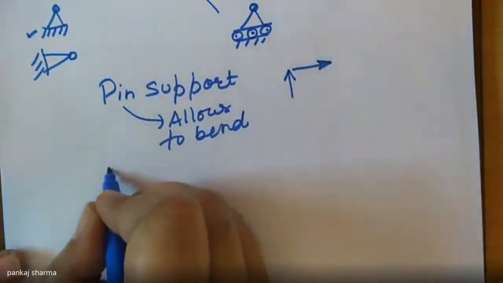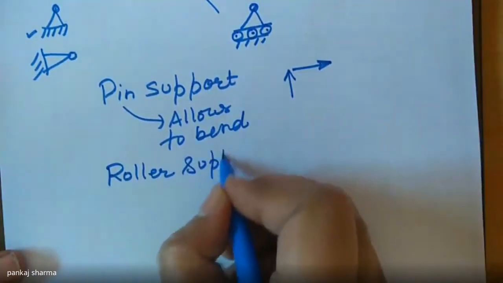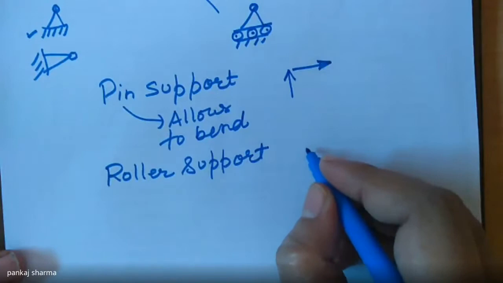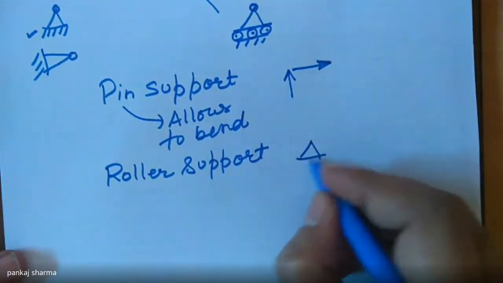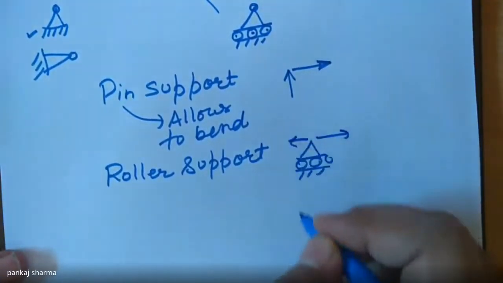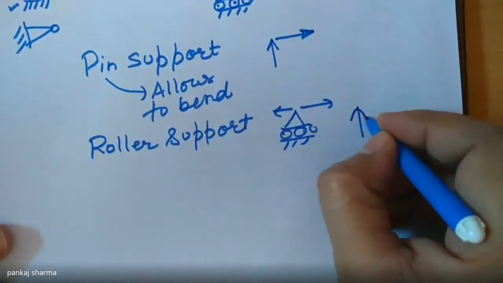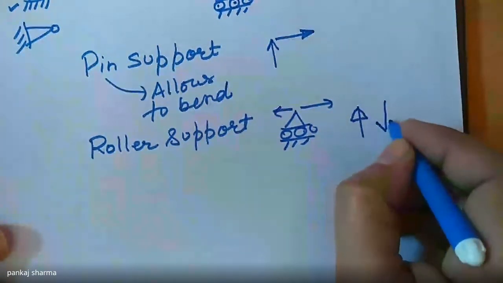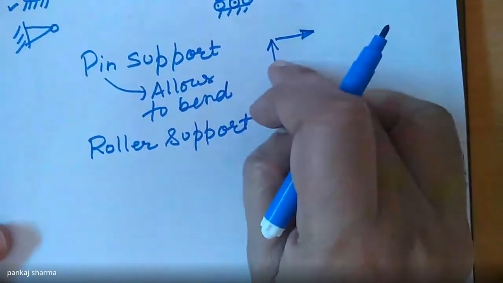And the roller support is the same as pin support. The only thing is that there will be no horizontal reaction, because it allows translational motion in this direction. So only a vertical reaction may be there. The same case holds for the pin joint.